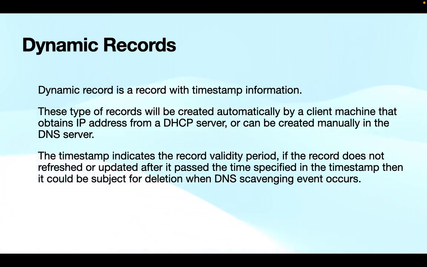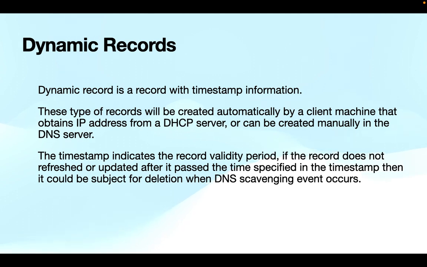For example, we have computer 1, and that machine has the IP address 192.168.1.10. After a few days that IP address gets updated to 192.168.1.50. At that time that machine will trigger an update of the new IP address on the DNS. So when the record is created dynamically, then only the new IP address will get registered.